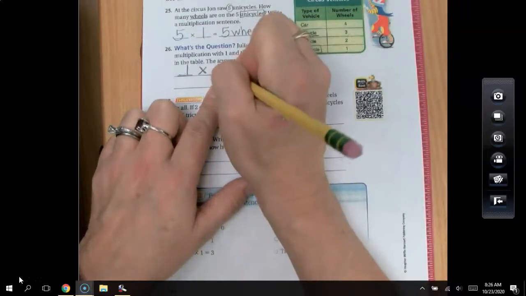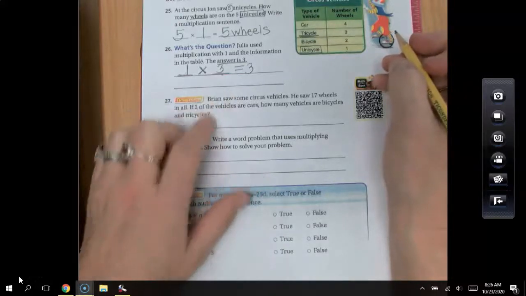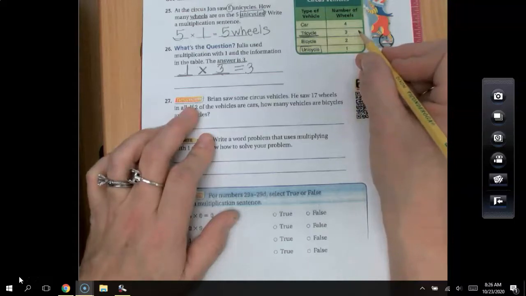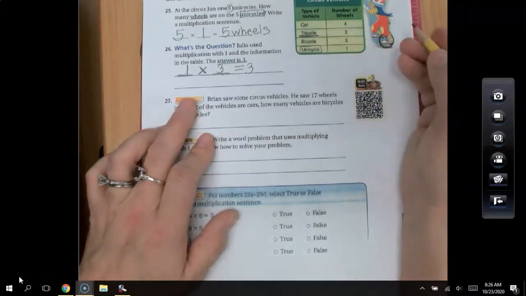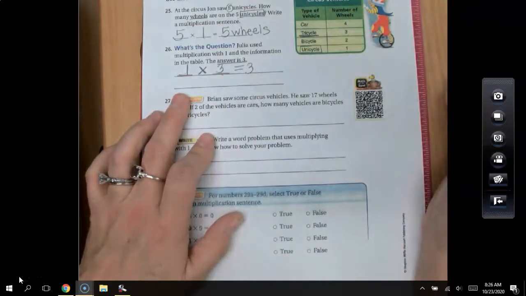So my other factor is 3. So she used the tricycle. So how many wheels are on one tricycle? That's probably the question she wants to ask. How many wheels are on one tricycle?